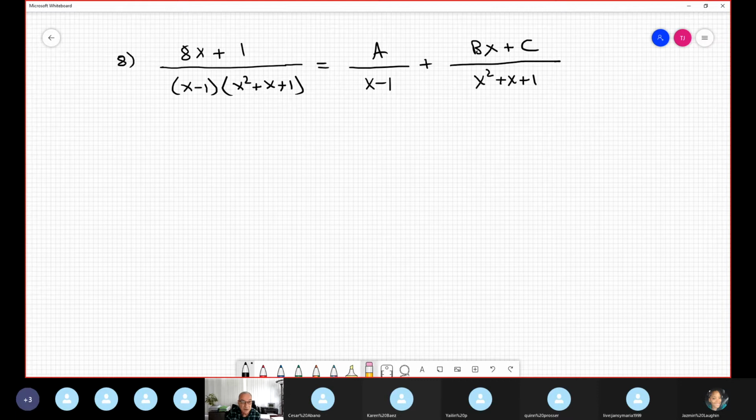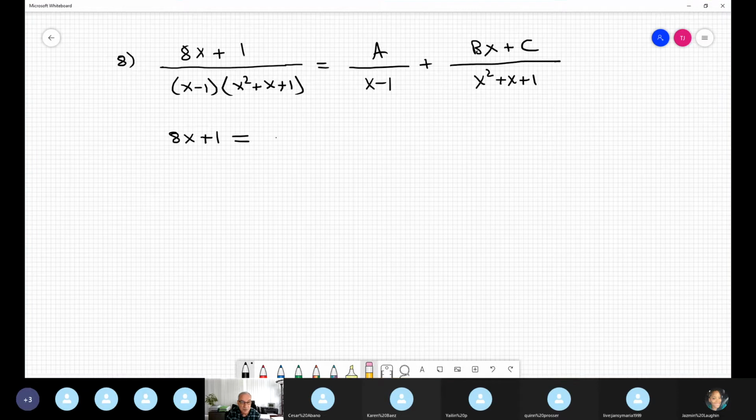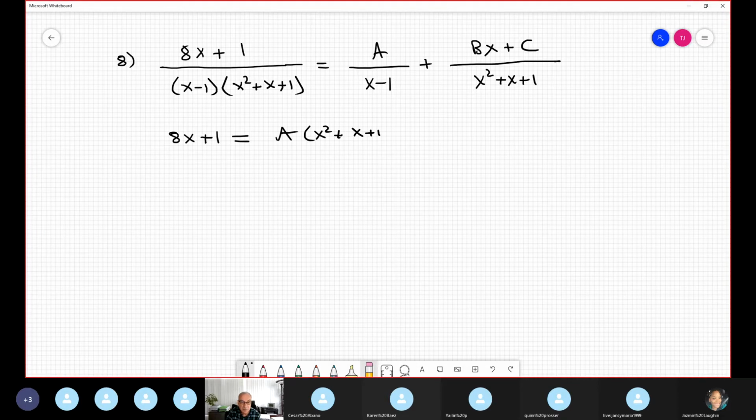Now the LCD is this denominator, so you multiply everything. You have a times x squared plus x plus 1, plus parenthesis bx plus c times x minus 1. This is after the multiplication by the LCD, and I select the smart value, 1.